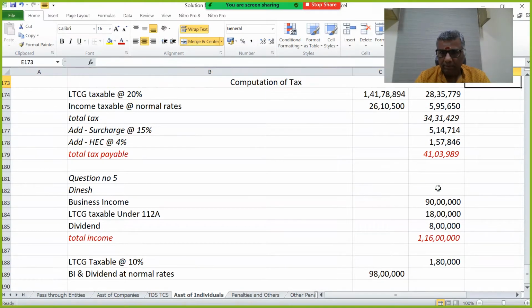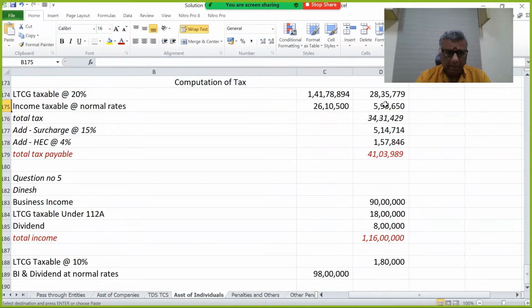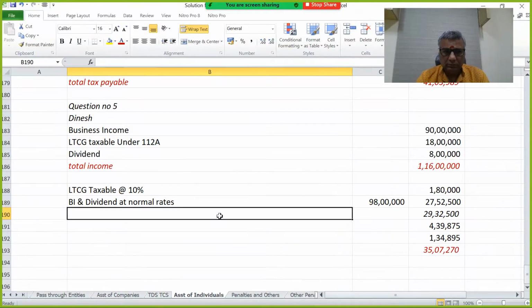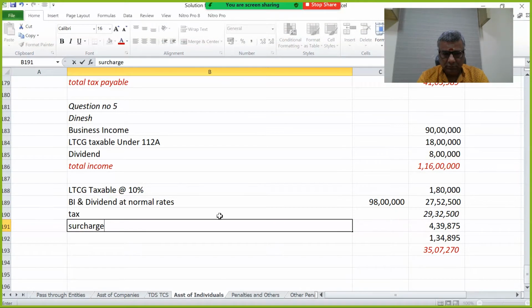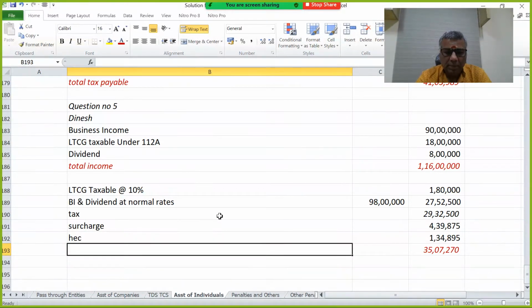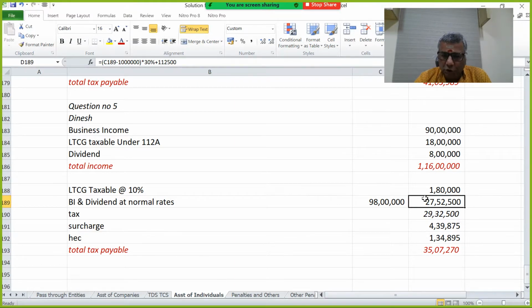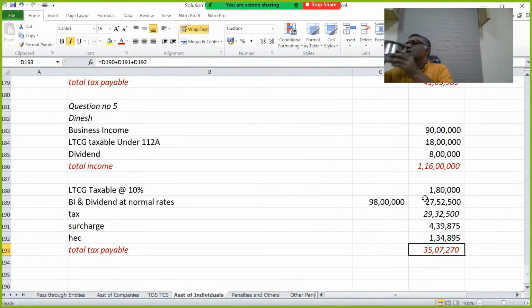So 88 lakhs into 30% plus 1,12,500. Then the income is exceeding, so 15% is the surcharge and HEC at 4%.